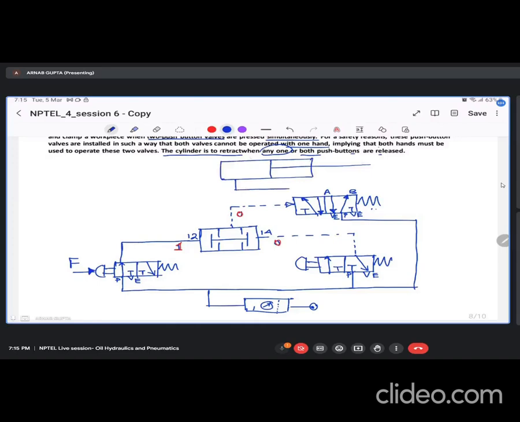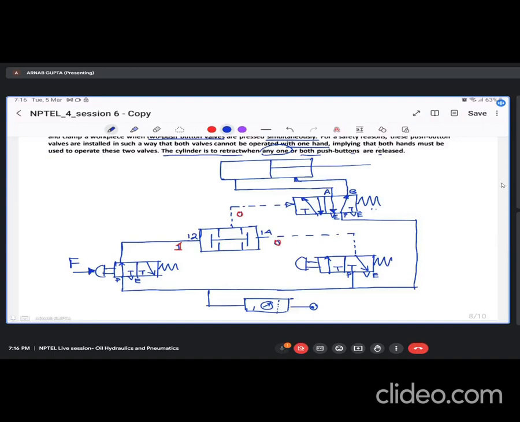So this will be connected to A, and this will be connected to your B. You can put a metering circuit here to control the flow, but the question hasn't asked about it, so you may not put it.